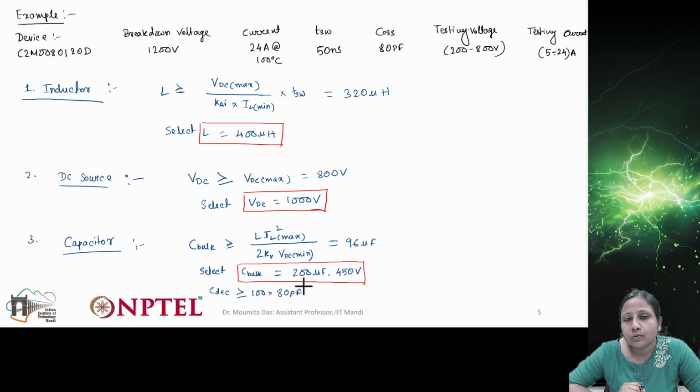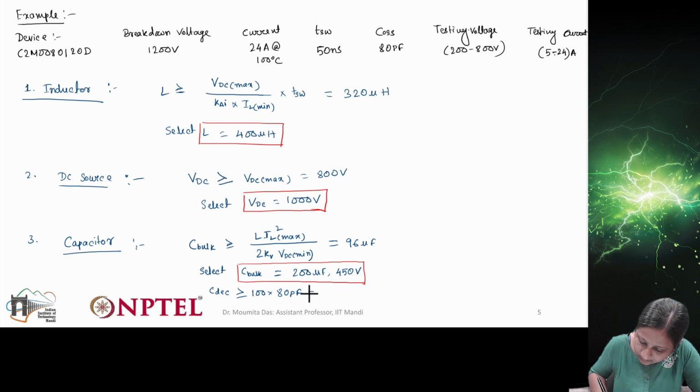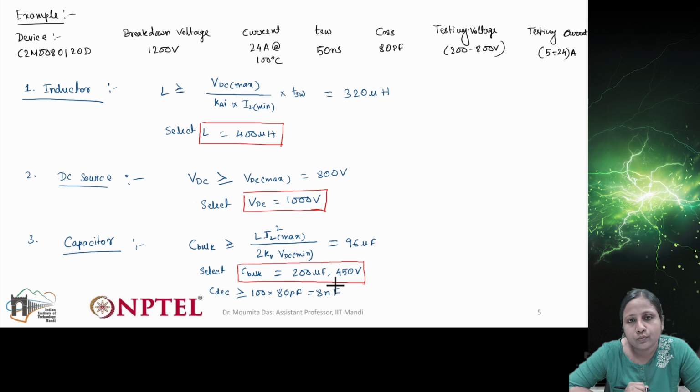So now you can calculate what the decoupling capacitor required should be. The decoupling capacitor is coming 8 nanofarad, so we have to select a value which is more than this 8 nanofarad.